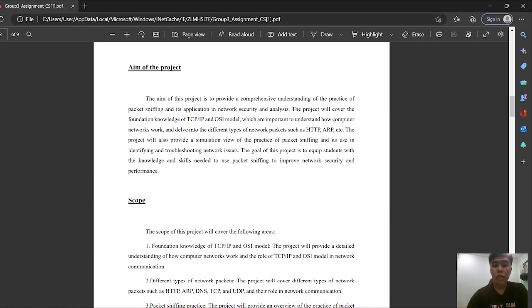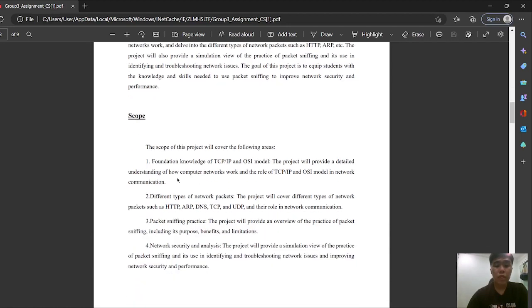The project will also cover the foundation knowledge of the TCP/IP and OSI model, which are important to understand how networks work and develop into different types of network packages such as HTTP, ARP.